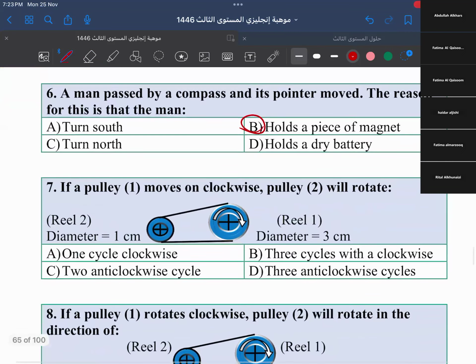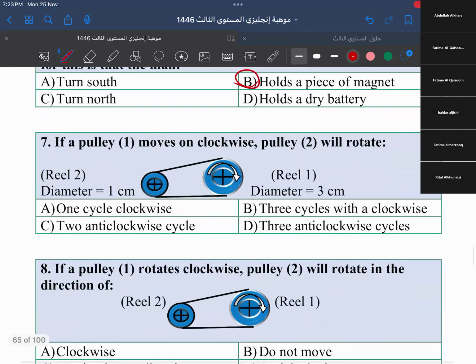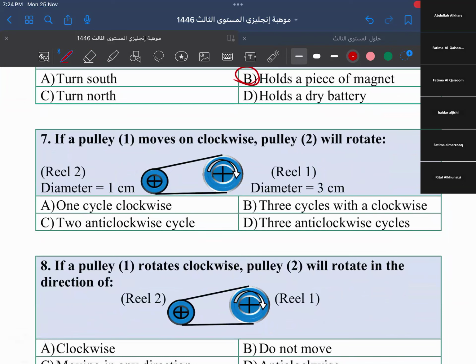Okay, let's see question 7 now. Yes, Abdullah, do you want to do question 7? Okay, sure. If pulley 1 moves clockwise, pulley 2 will rotate... Pulley 1 has a diameter of pulley 2. First, let's see, will it go clockwise or counterclockwise?